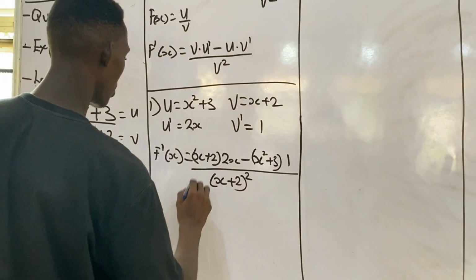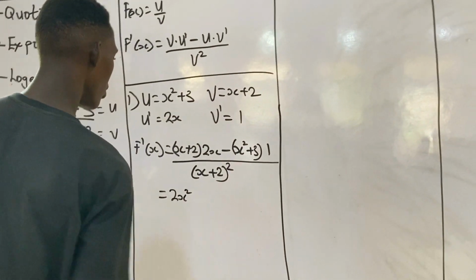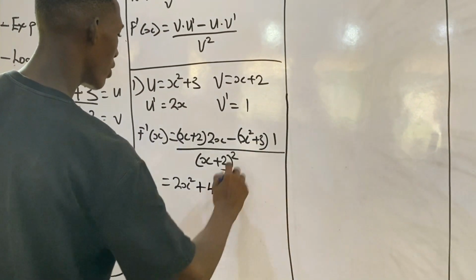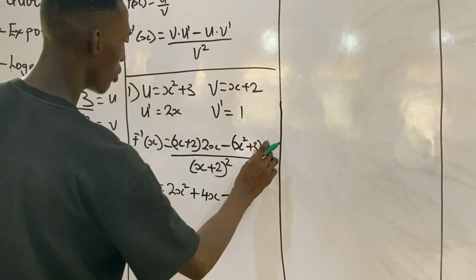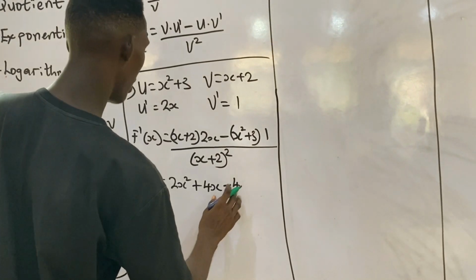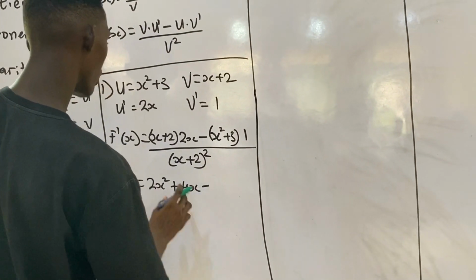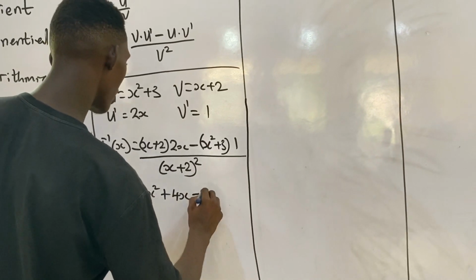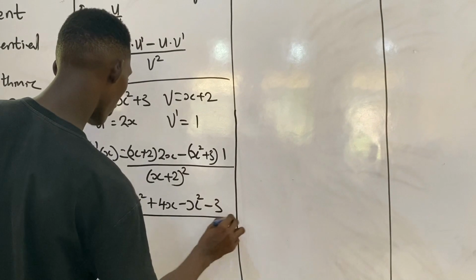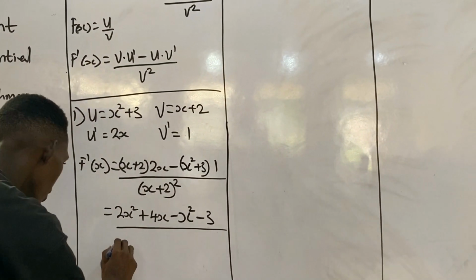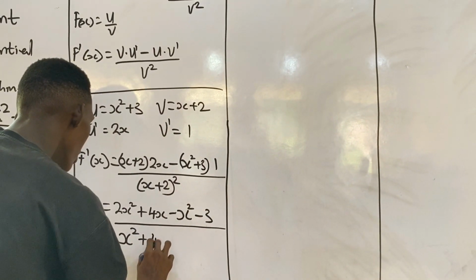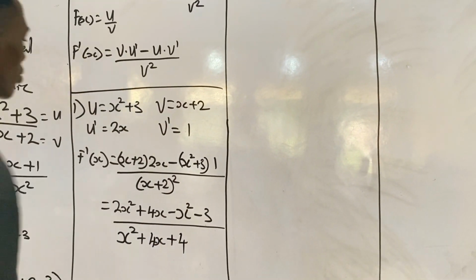So this is as easy as possible. This becomes 2x squared plus 4x. So minus, we'll expand this. This becomes minus, because anything multiplied by 1 will still give you the exact value back. Then minus, this will give us x squared minus 3 over, if you expand this, x squared plus 4x plus 4.